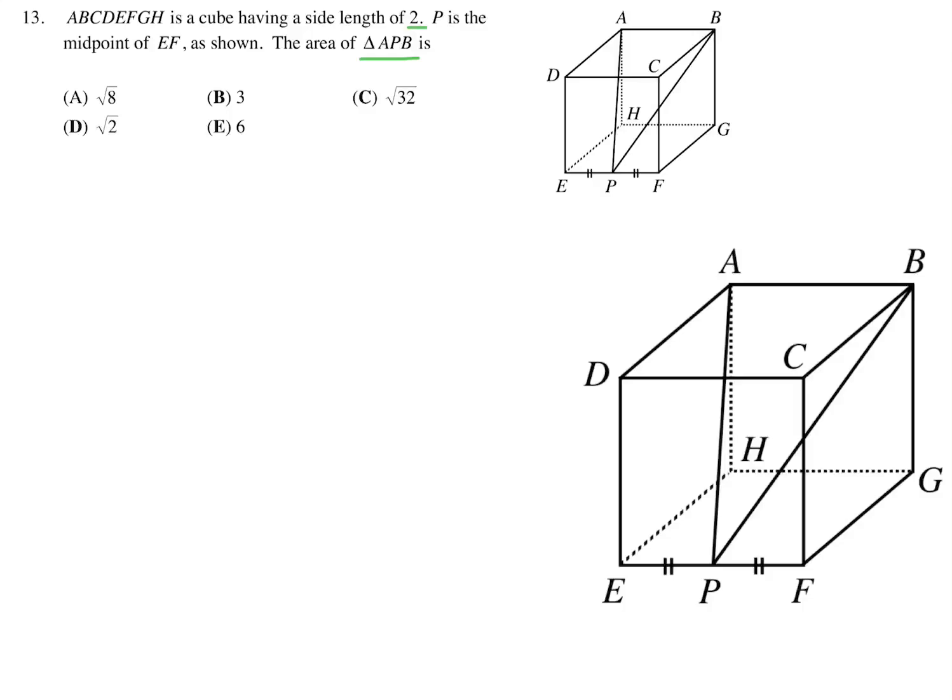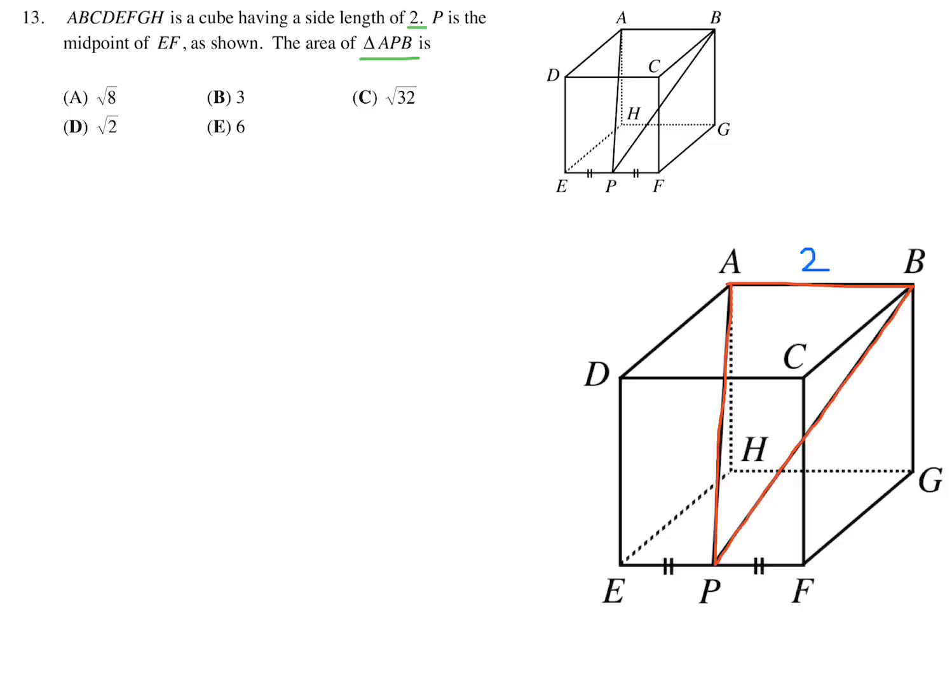So we first need to figure out how much do we know. Well, we know the side length is 2. So in triangle ABP, this one right there, we at least right off the bat have one side, which is AB. Now we need to systematically work to get the other two sides so we can figure out the area.